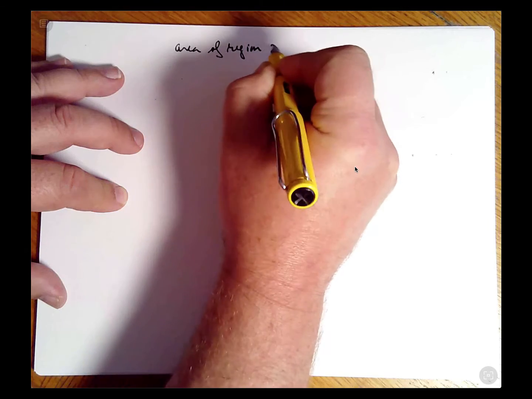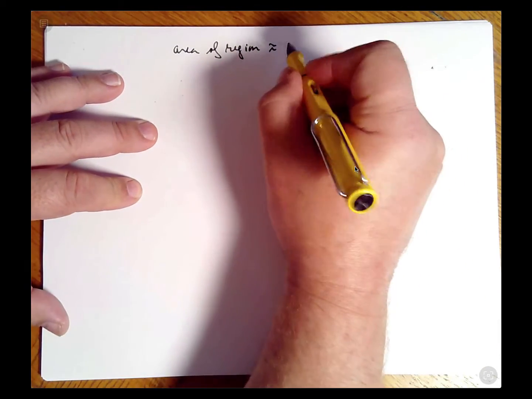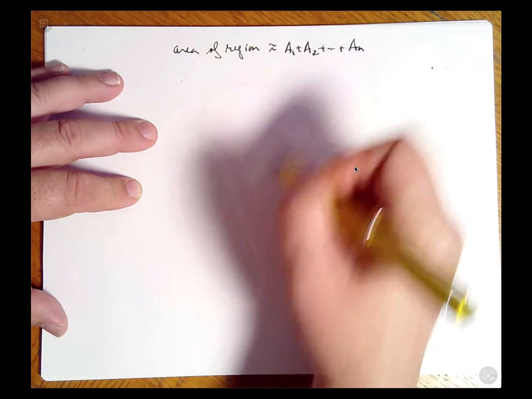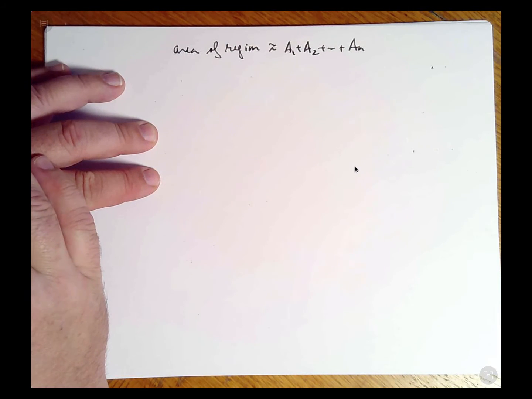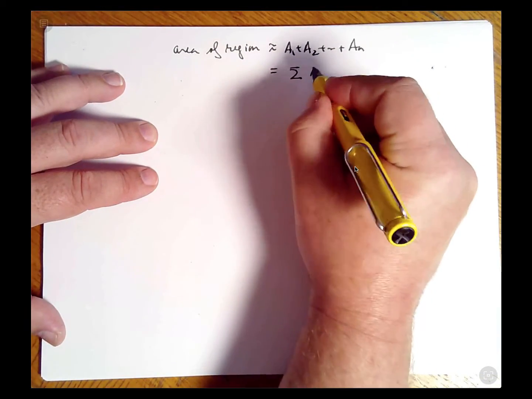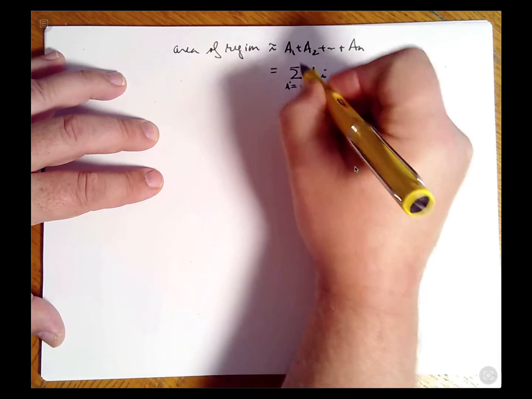So the area of my region is approximately equal to, like I said in the last page, you add up all the areas of the rectangles. But this is exactly where sigma notation comes in handy. So I can rewrite this as the sum of my a sub i's, where i goes from 1 to n.